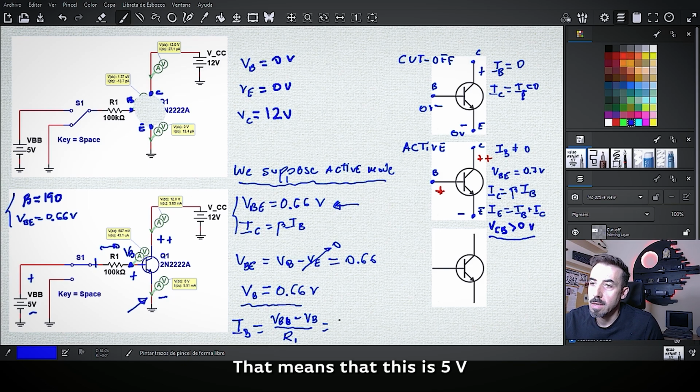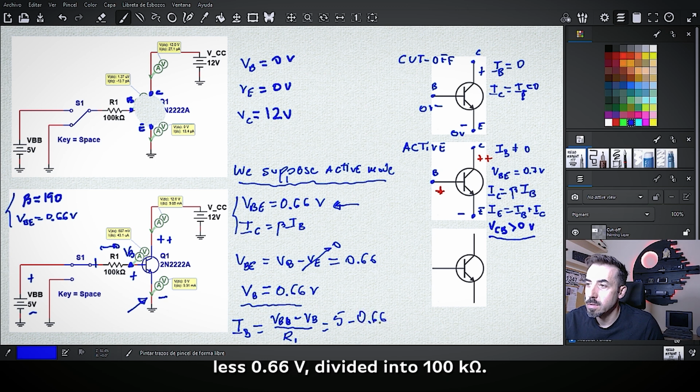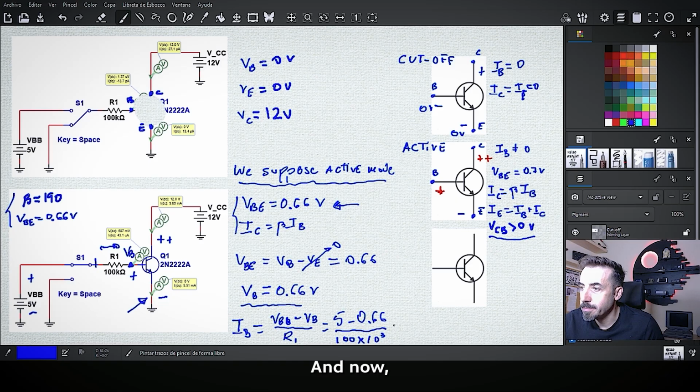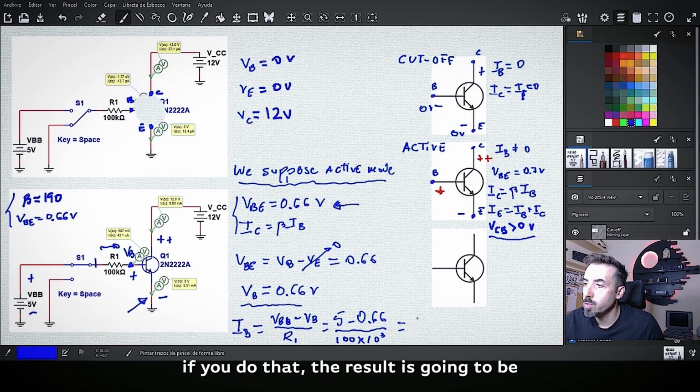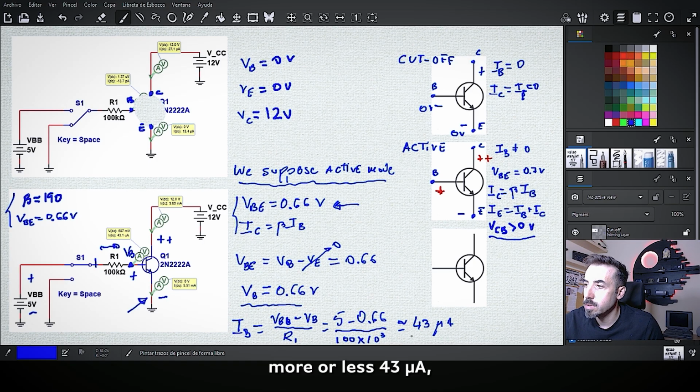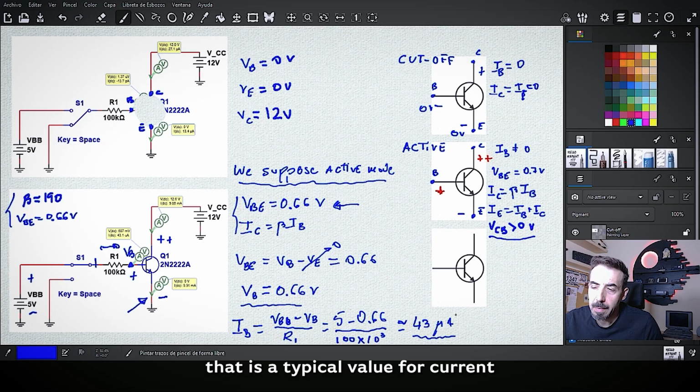That means this is 5 volt less 0.66 divided by 100 kilo ohms. Watch out with the power of 10. Now if you do that, the result is going to be more or less 43 microamps, which is a typical value for current through the base.